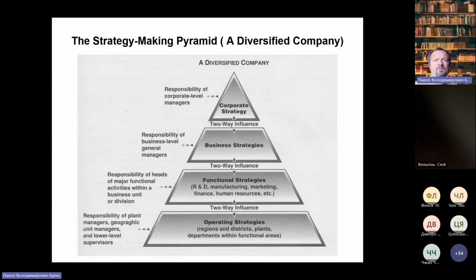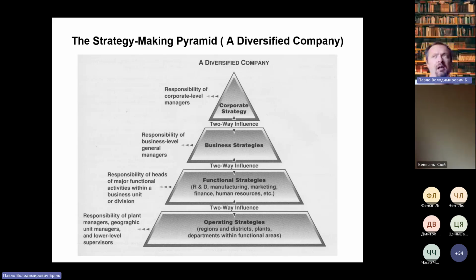If we have different businesses, for example, the biggest, as far as I know, diversified company in the field of fast-moving consumer goods is Procter & Gamble. So they are producing hygiene products for children, hygiene products for ladies, washing powder.